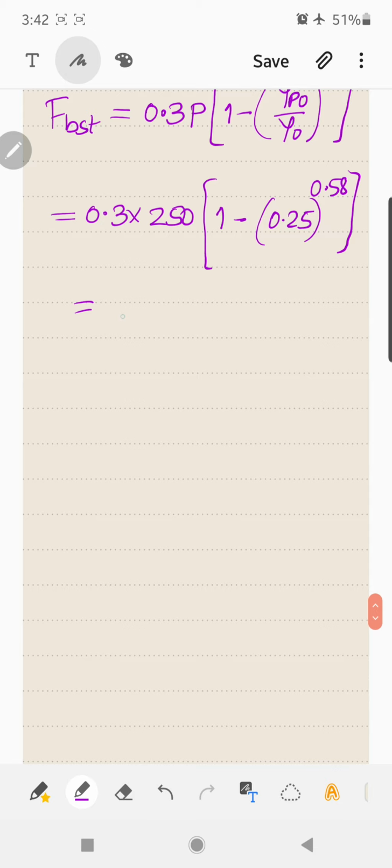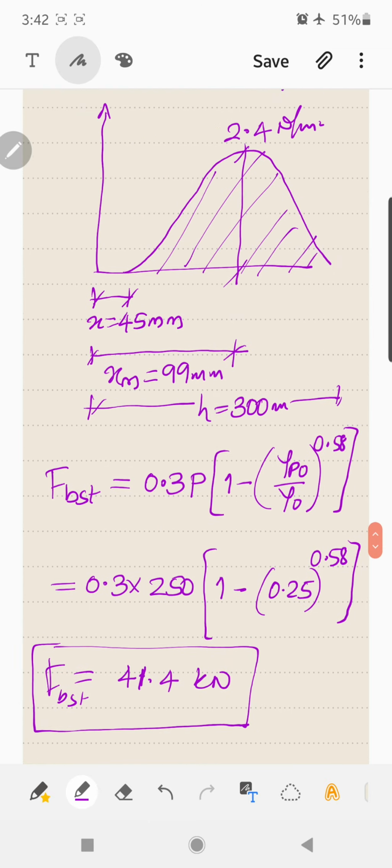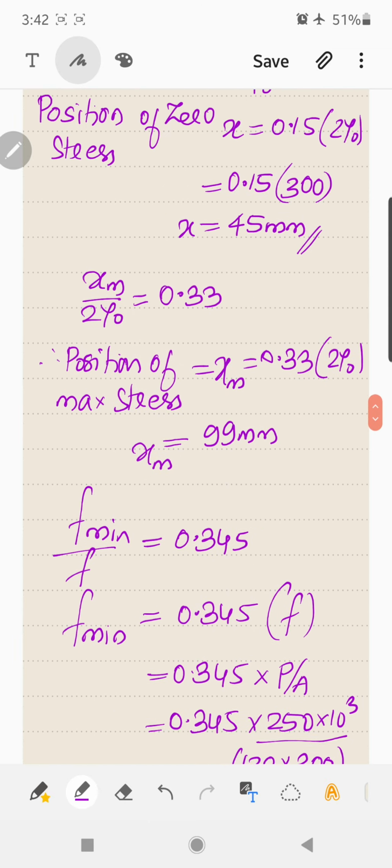If you calculate, you will get it in newtons, divided by 1000, it is 41.4 kilonewton. So this is the bursting tension force. This is as simple as compared to the Magnus method. So this is the concentric problem.